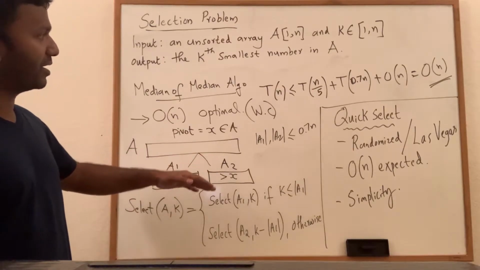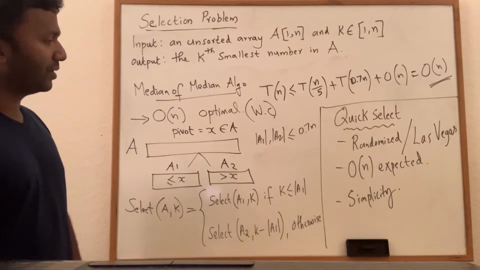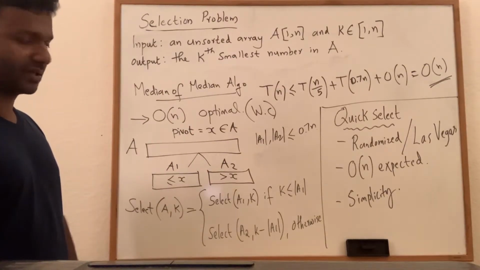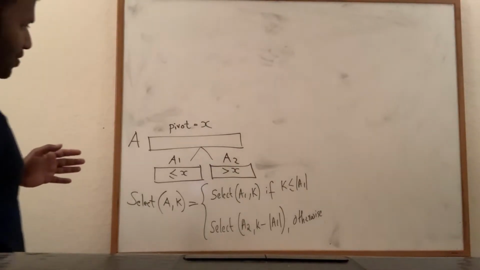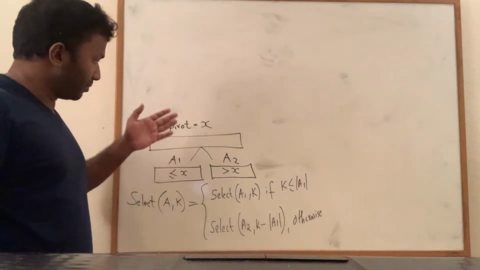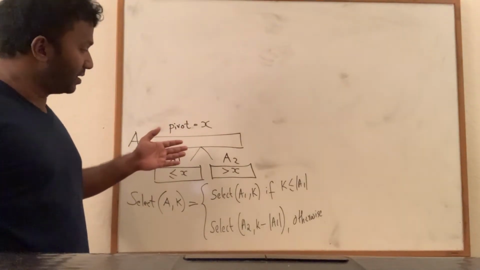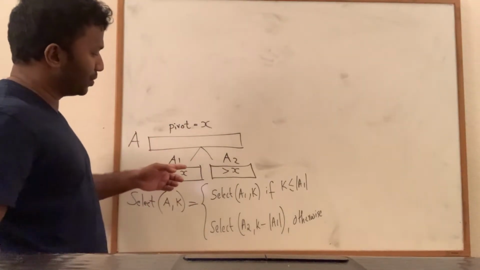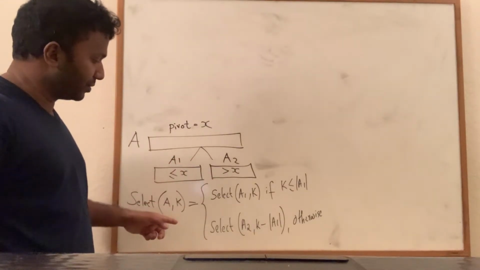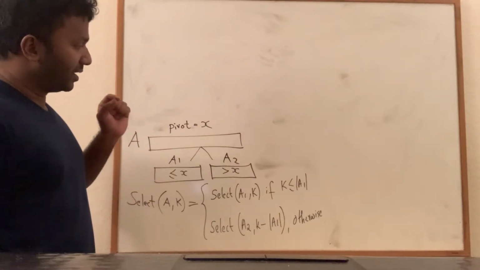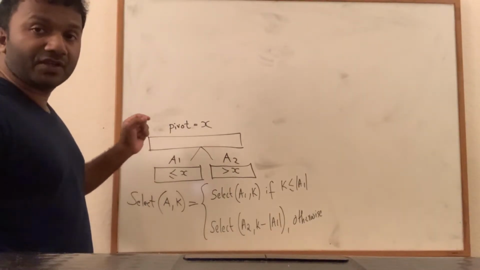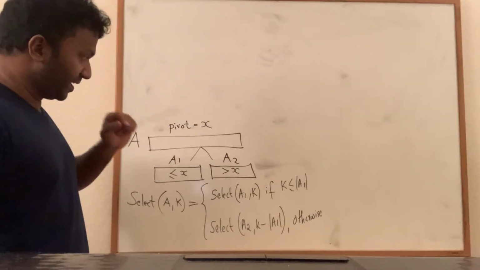Okay, so what I'm going to explain now is how the quick select algorithm works. Quick select also picks a pivot first, then it will partition the array into two subarrays and continue the selection in one of these arrays. The key difference is in the way we choose the pivot.